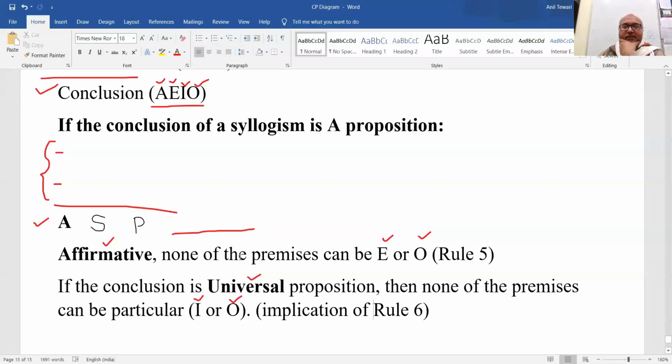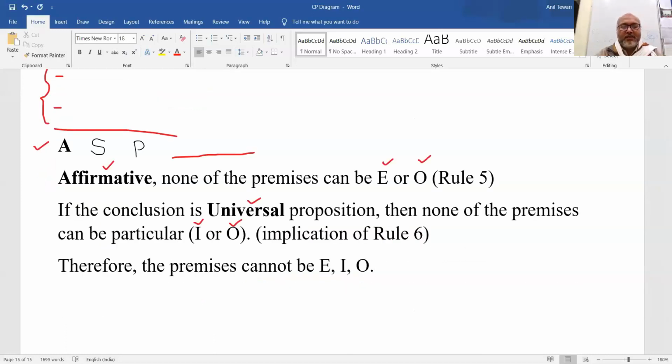So in the first consideration of quality, you ruled out E and O. And in the second consideration of the quantity, you have ruled out I and O. So if you look at O, this is doubly ruled out, and then you have I. So you have ruled out that your premise cannot be E, O, and I. Then what is left?